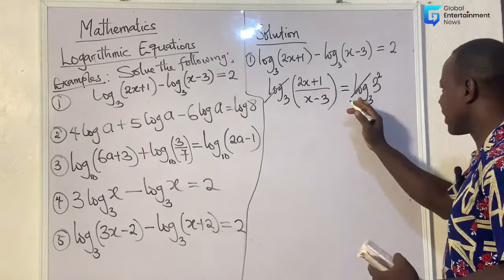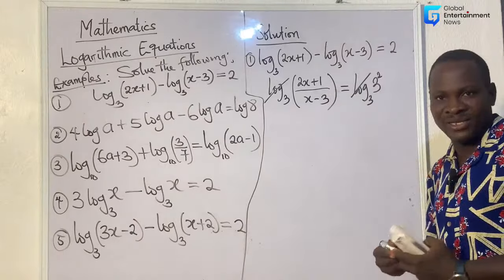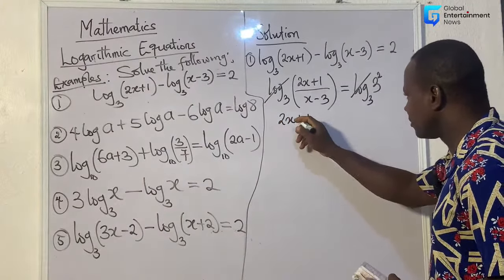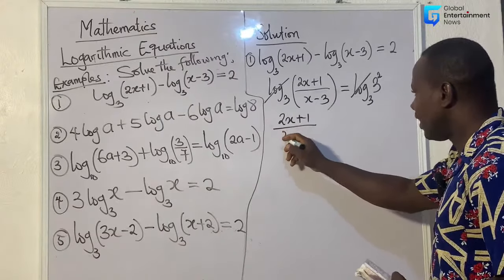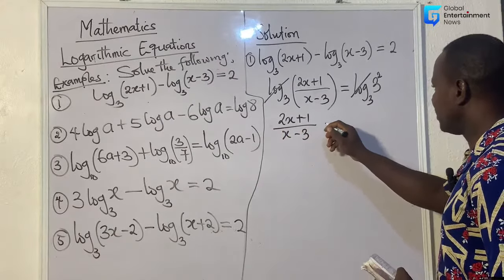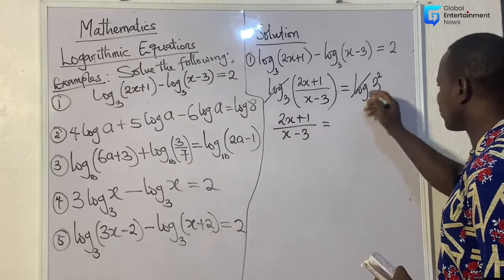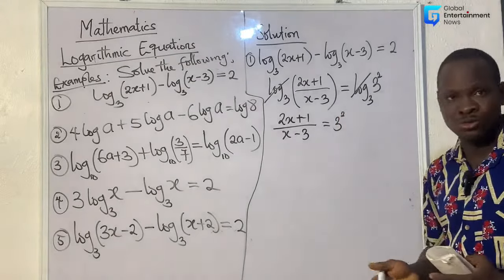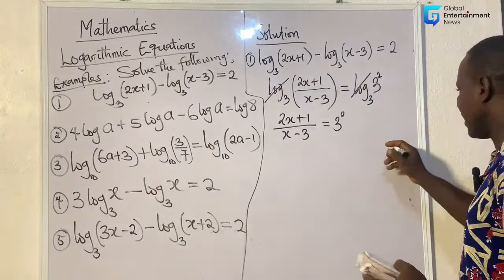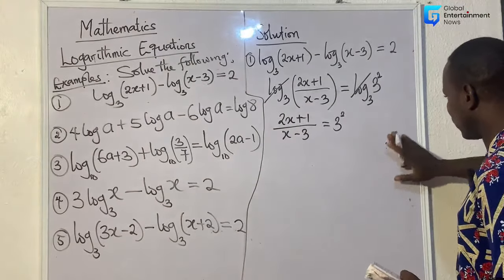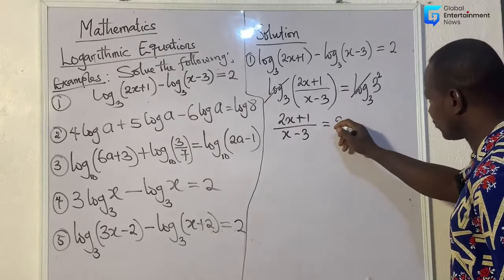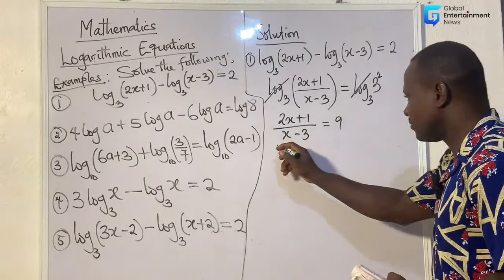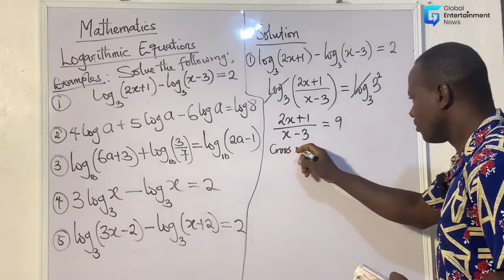What remains is 2x plus 1 all over x minus 3 is equal to 3 raised to power 2. And 3 raised to power 2 gives me 9, that is 3 times 3. So what do I do here? I cross multiply.